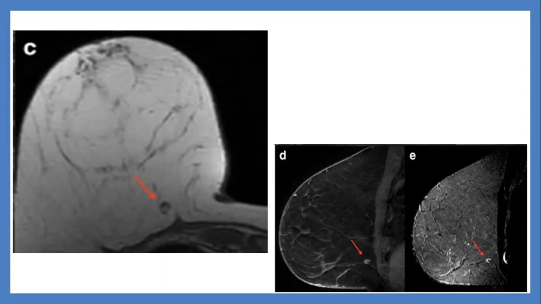What about the MRI? Also oval shaped and circumscribed, and on T1 the hilum shows signal intensity similar to fat. On fat suppression, the fatty hilum is suppressed. So the fatty hilum follows the fat signal in all sequences.